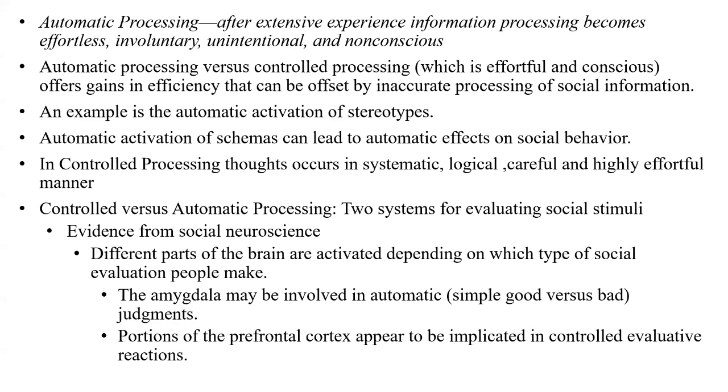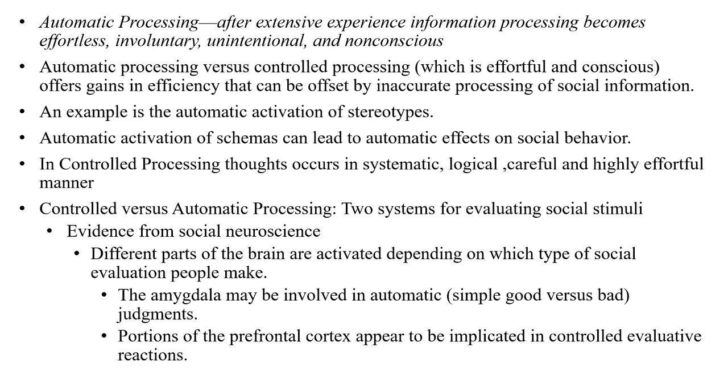An example is the automatic activation of stereotypes. Automatic activation of schemas can lead to automatic effects on social behavior. In controlled processing, thoughts occur in a systematic, logical, careful, and highly effortful manner.